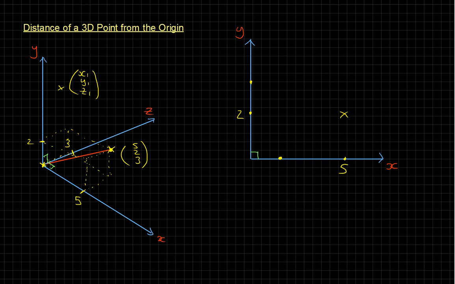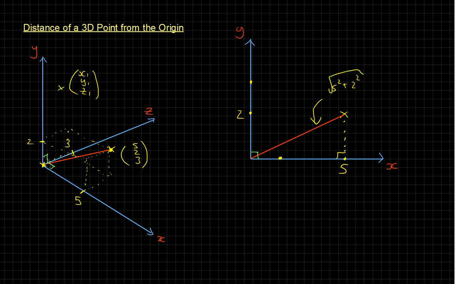And then the distance of that point from the origin, that's the red line, the long diagonal. In that case, the working is, well, it's Pythagoras, right? So you're going to say 5 squared plus 2 squared, square rooted. So the length of that thing is this.